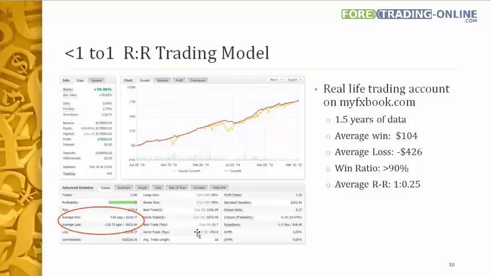win ratio of 90%. This type of trading style I don't really recommend for beginners, as this involves a little bit more in-depth knowledge of what you want to do because you're also incorporating fundamental analysis and you're taking a lot more risk. As we can see, his drawdown is actually pretty low. It's actually at 13%.